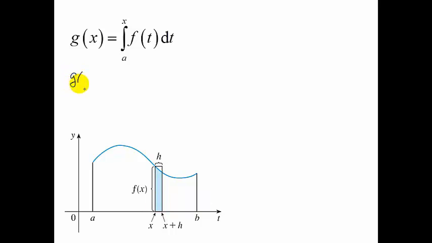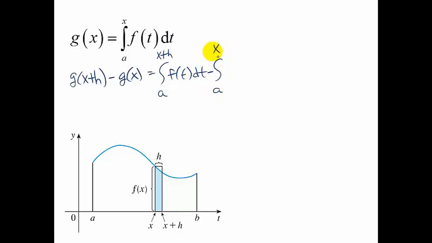So if we have g of x plus h minus g of x, by the definition of g above here, that would be the integral from a to x plus h of f of t dt minus the integral from a to x of f of t dt. Now, by the additivity of integrals, the integral from a to x plus h would equal the integral from a to x plus the integral from x to x plus h.